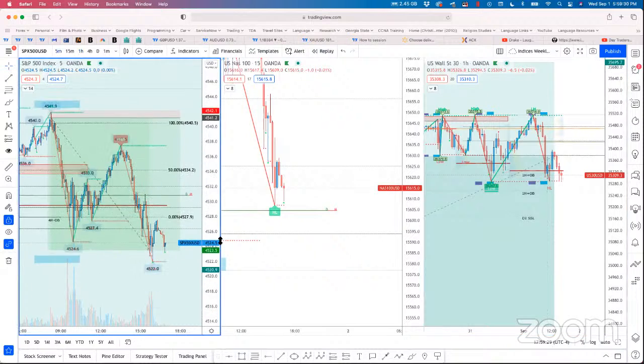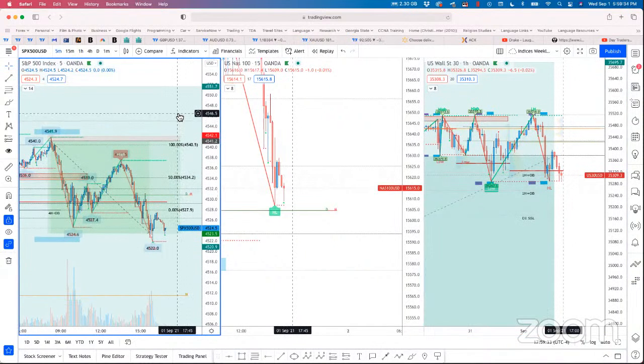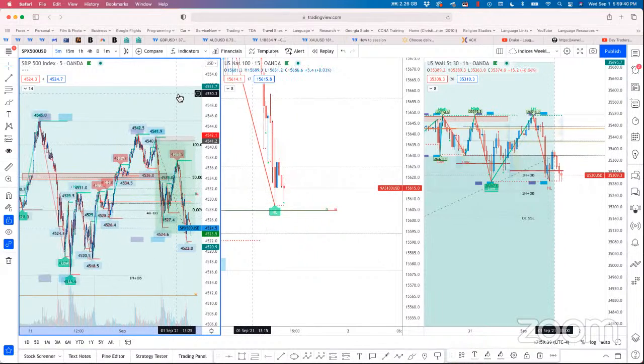And I still see us taking out this 45.50 area at some point. I still see us taking that out.